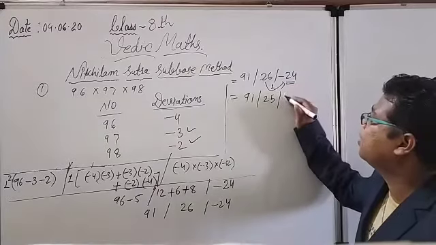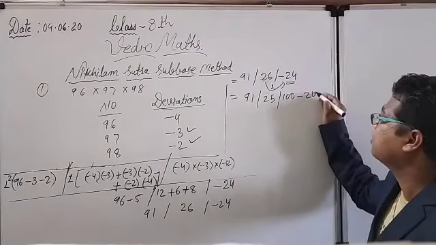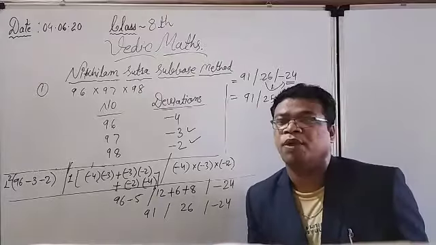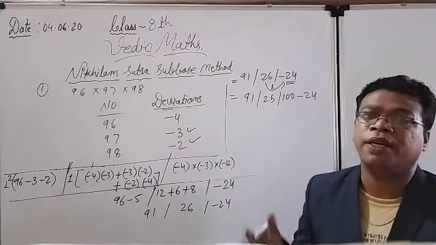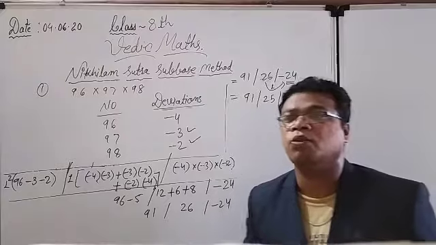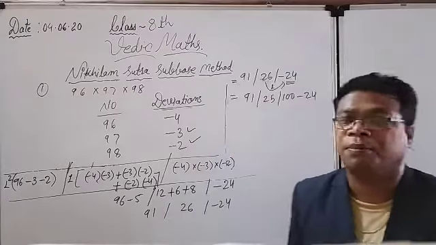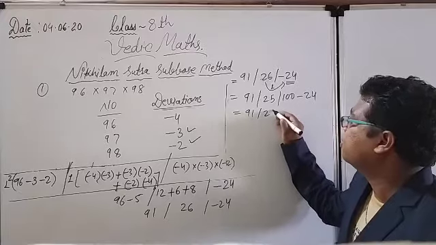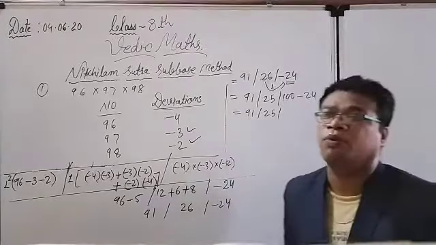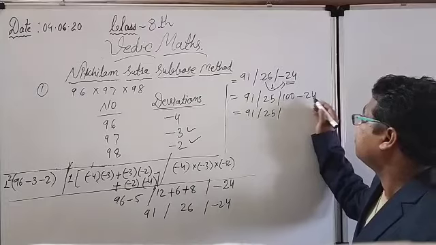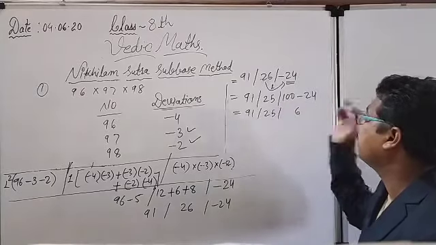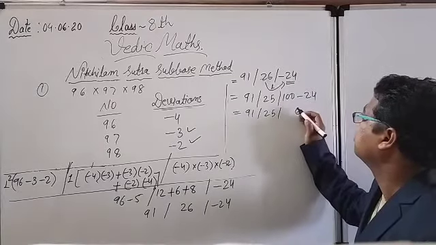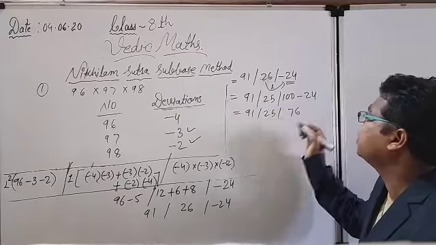But here that 1 will be considered 100. Same thing I have told you. In any case where I take the borrow 1, that borrow is converted according to the base. The base is 100, so that is converted into 100. So see, 91, 25, 100 minus 24 will give me what? 100 minus 4 will give me what? See, 10 minus 4 is 6, 7, okay, 76, okay.